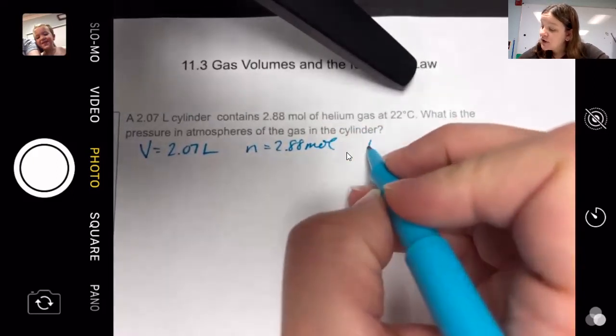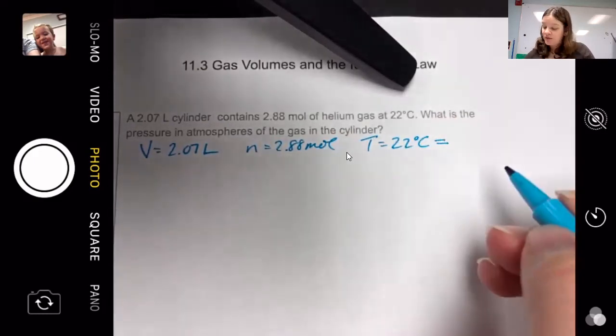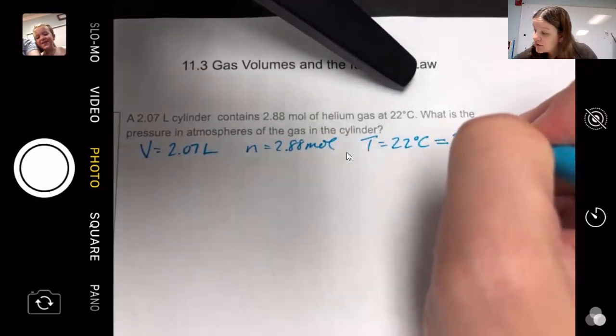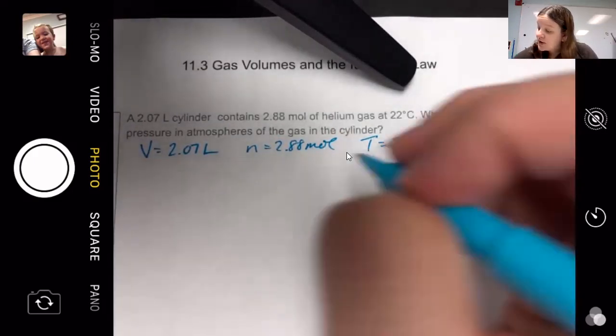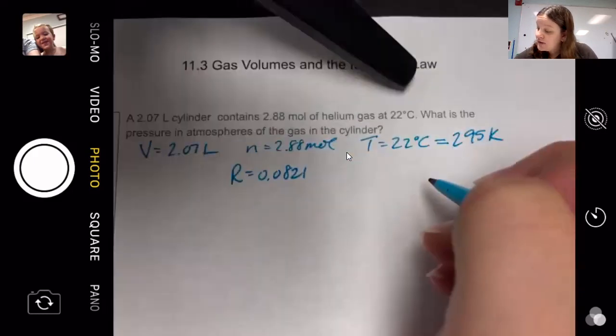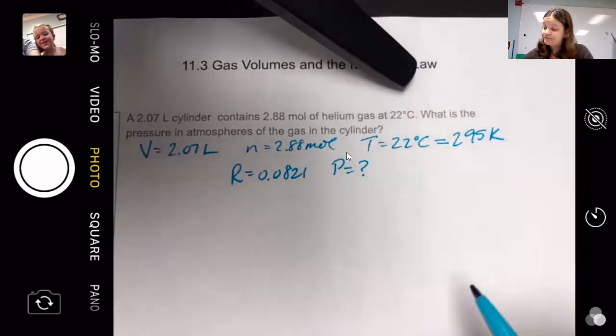And a temperature of 22 degrees Celsius, which is not the right units. However, I can convert it. 22 plus 273 is 295 kelvins. So my R value is going to be 0.0821. And again, I'm going to find the pressure.